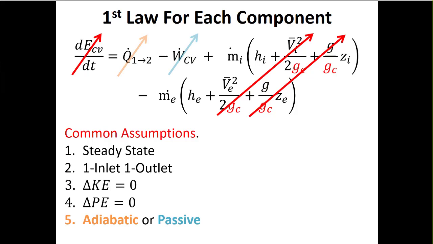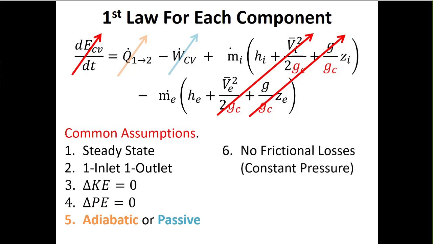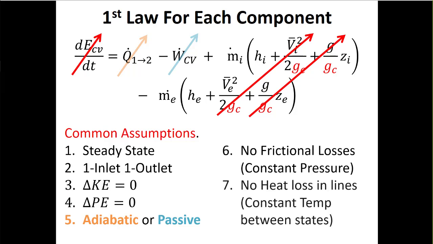For each component, we're going to say that it's adiabatic and or passive. We're still going to neglect friction as we're transferring heat, and we're going to neglect heat loss in between all of our components as well. This is a pretty common assumption set that we've had, right? And if we can make all these assumptions, we're going to get the equations that we recognize.